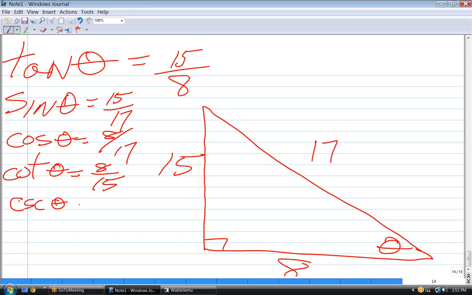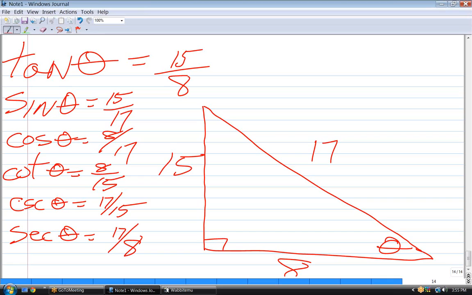Cosecant of theta would be 17 over 15. And finally, the secant of theta? 17 over 8.